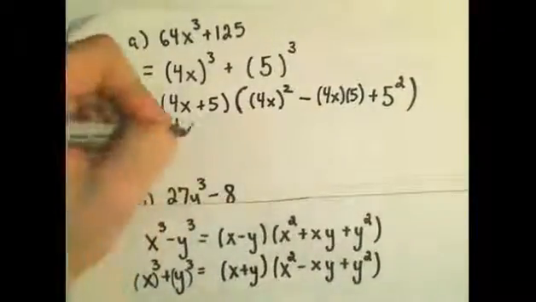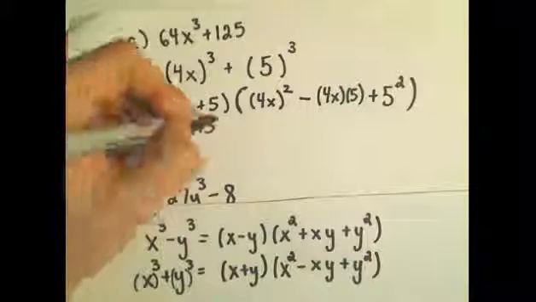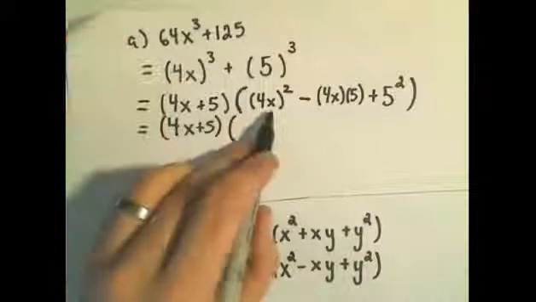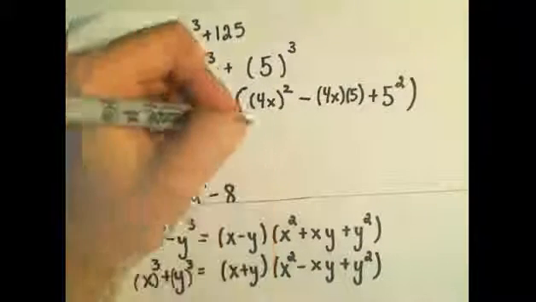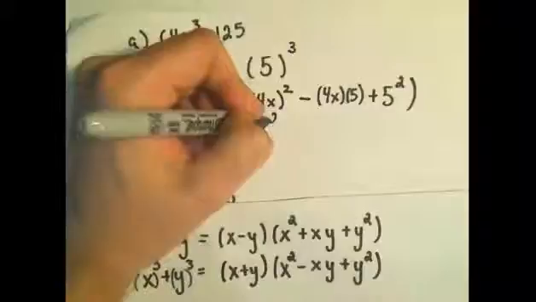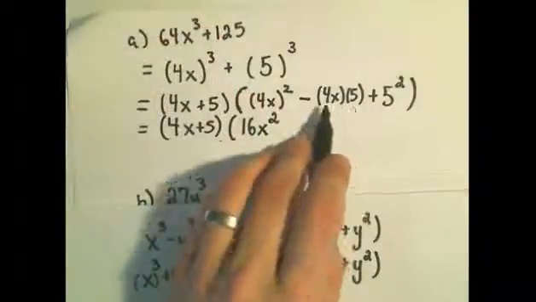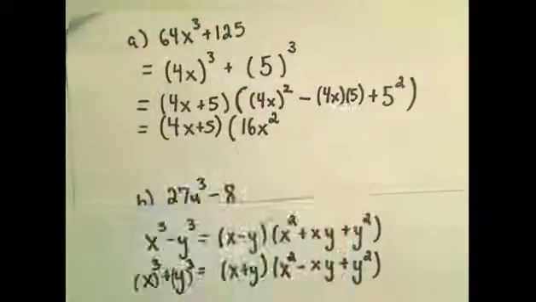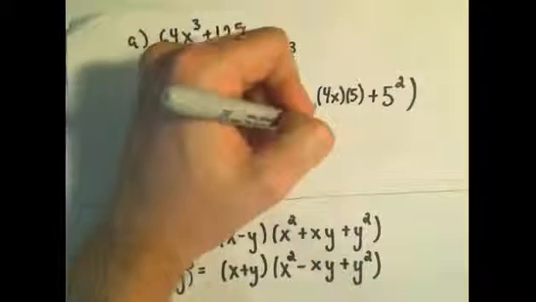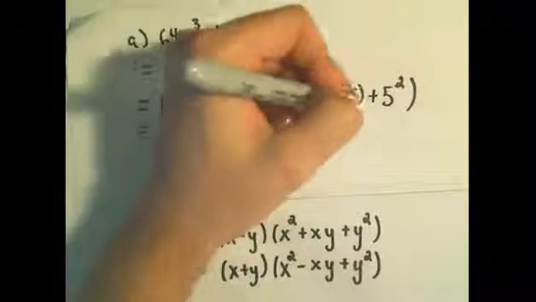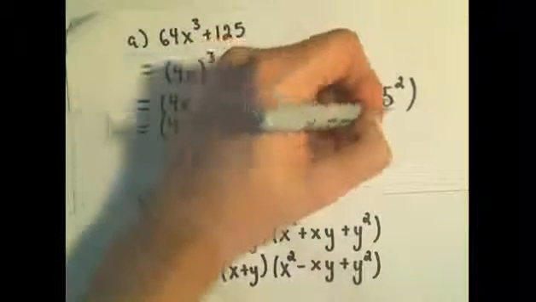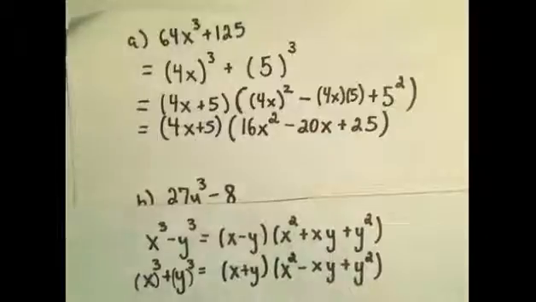If we simplify this, we have 4x plus 5 in the front, not much to do there. And I'm going to take 4x and square it, so 4x times 4x would be 16x squared. We have negative 4x times 5. Well, I can multiply the negative 4 and the 5 and make that negative 20x. And then our positive 5 squared will just get positive 25. Okay?